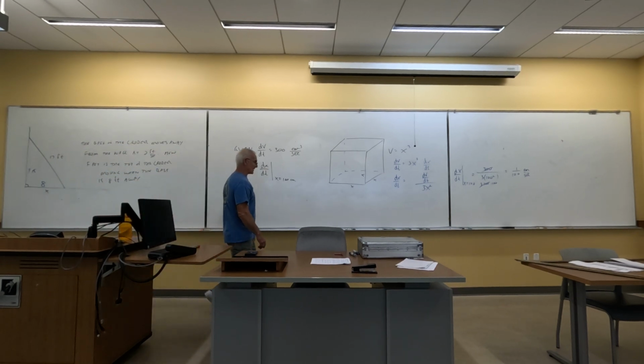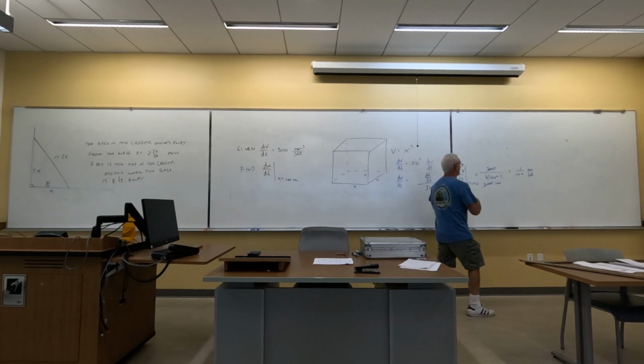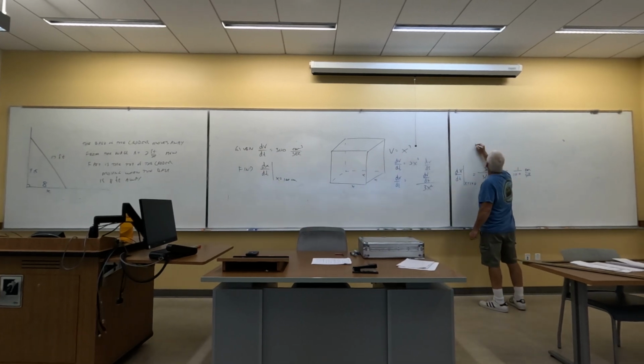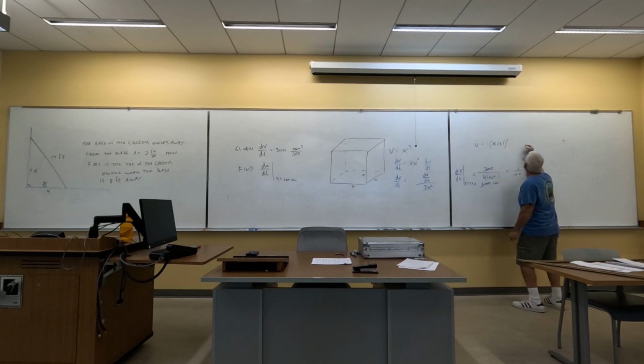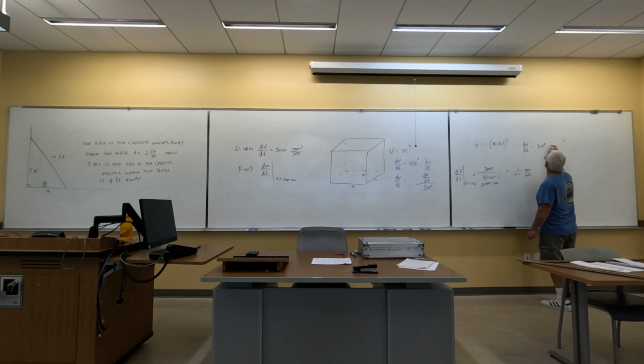Okay? So I'm going to write this a different way, because this is still chain rule. V is a function of x, right, which is a function of time. dv dt is 3x squared dx dt.